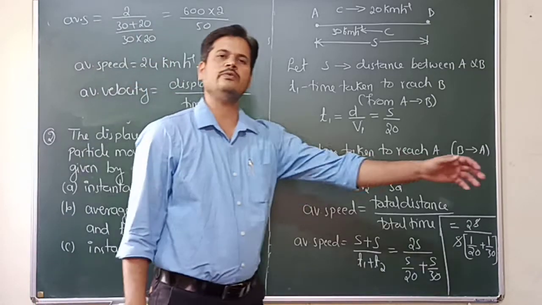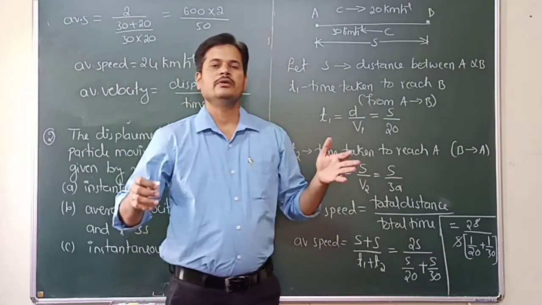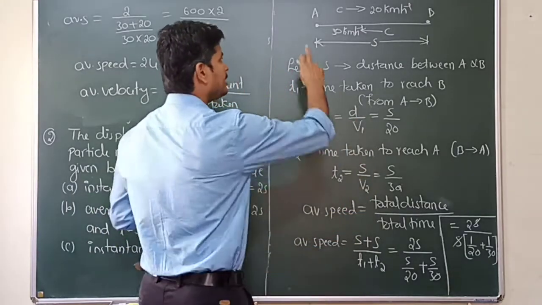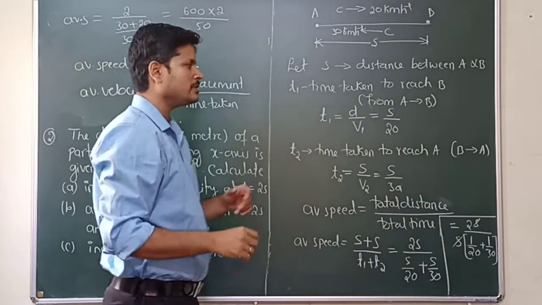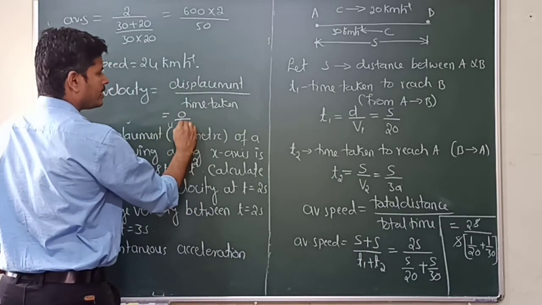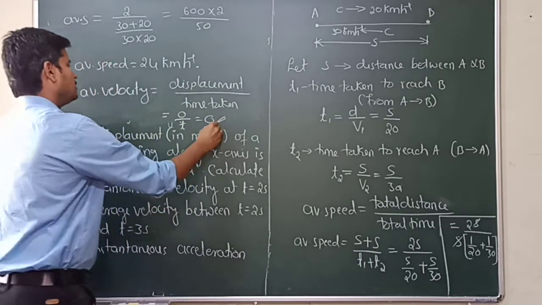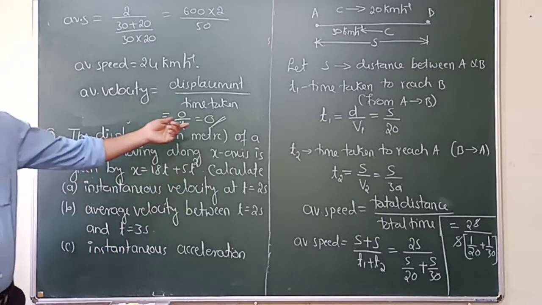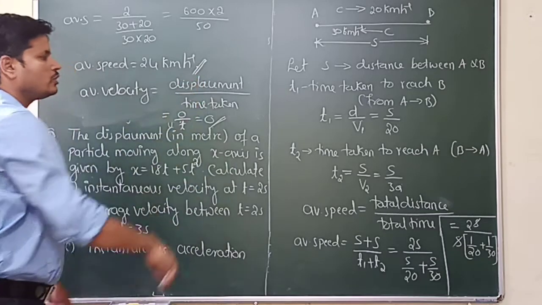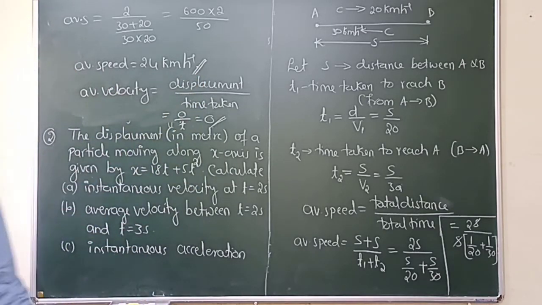What is the displacement? It is the final point minus the initial point. The final point and the initial point are the same. Therefore, the total displacement is 0. 0 upon anything is 0 only. Therefore, its average velocity is 0. Correct? This is the answer. Note down or take a snapshot of this board.